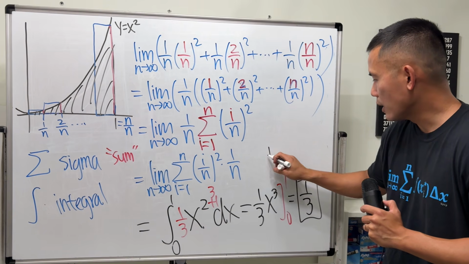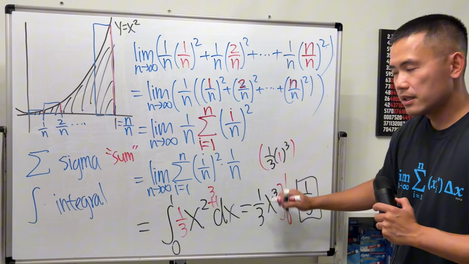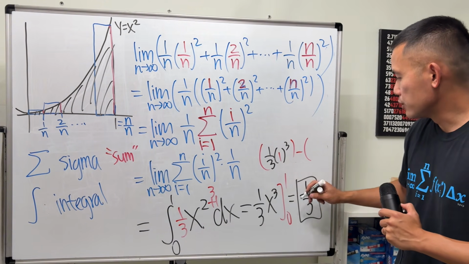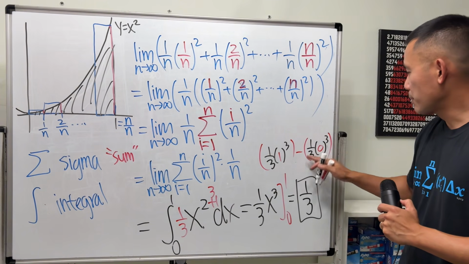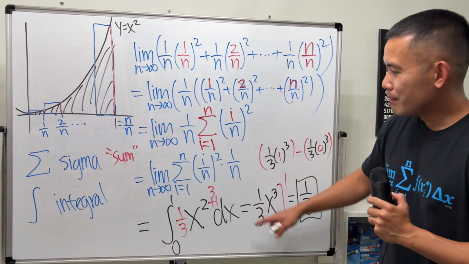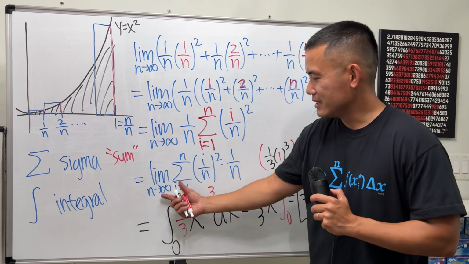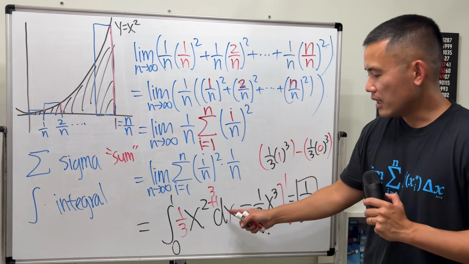You plug in 1, you have 1/3 times 1 cubed. That's the first part. Minus, you plug in 0. But this part is 0, and that will give you 1/3. That's how we end up with 1/3 for the answer. But the connection is this gives you the integral, this gives you the function, and this gives you the dx.